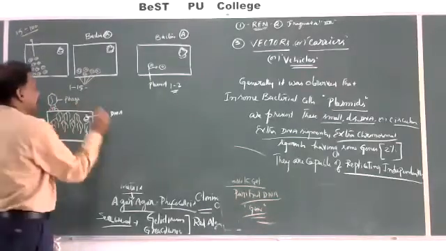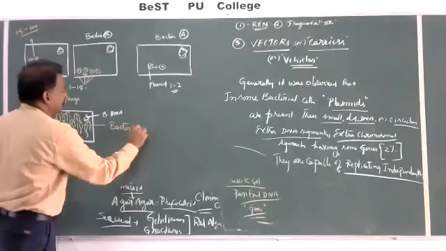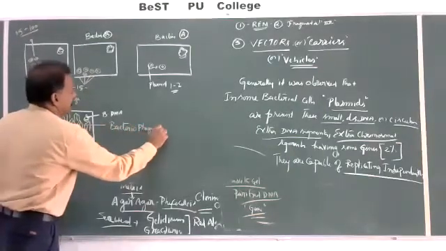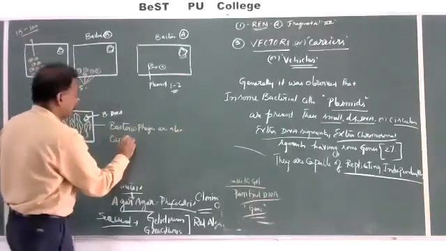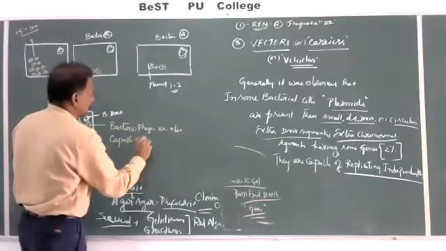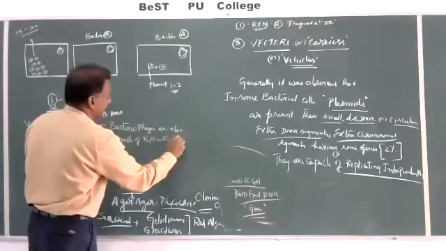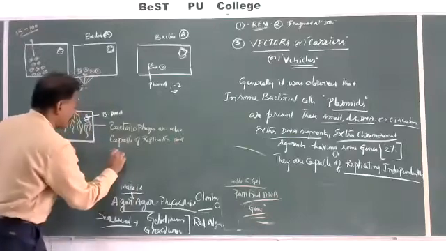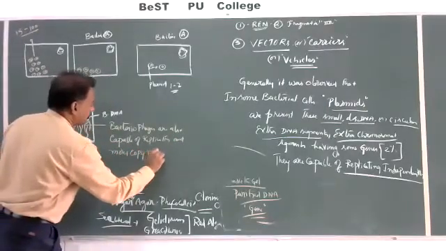So bacteriophages are also capable of replication and more copy number per cell.